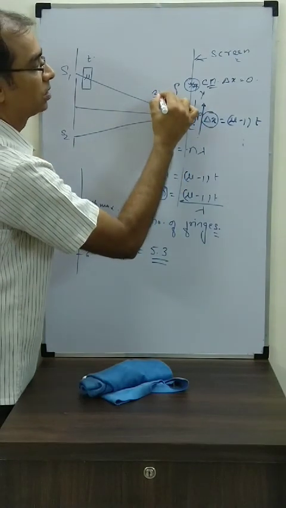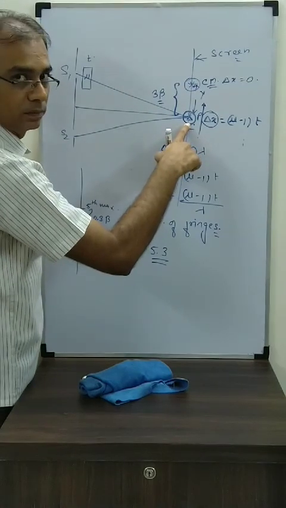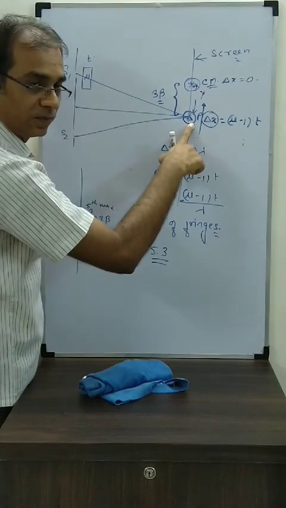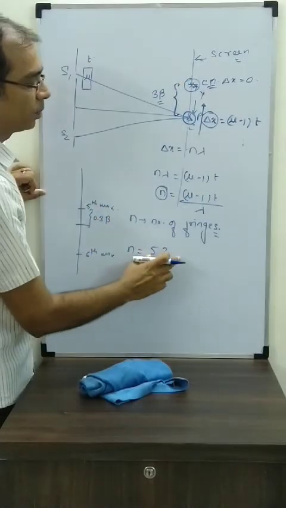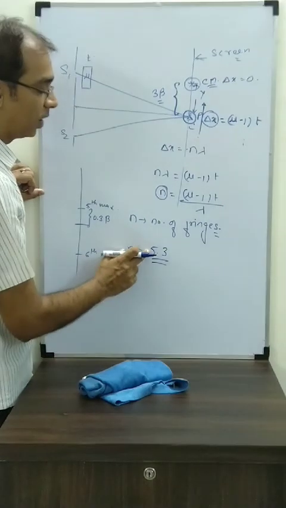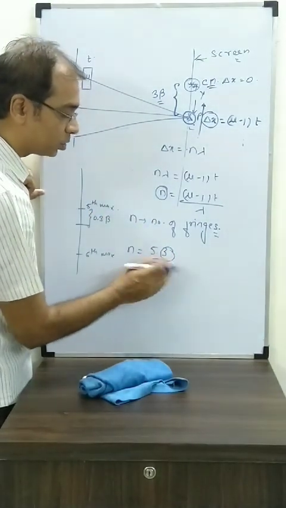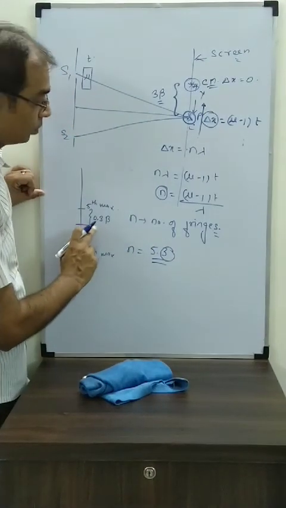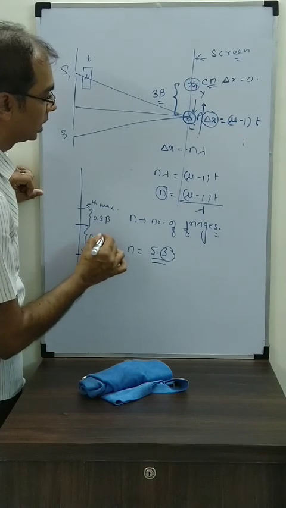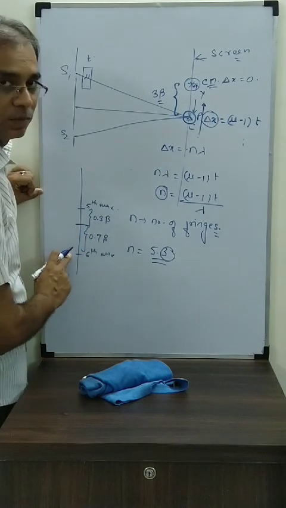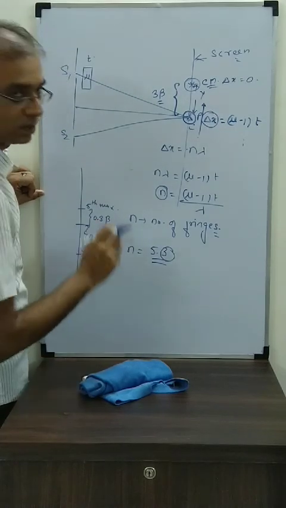If this is the third maxima, here will be 3 lambda as the path difference, and the fringes are 3 beta. Same way here what is coming? 5.3. So 5 maxima have crossed upwards, but there is a 0.3 portion. 0.3 portion of what? 0.3 portion of a fringe, 0.3 of a beta. And below here, what is this? The 0.7 beta. Because between the 5th and 6th maxima, how much is the gap? Beta. So this is 0.3 beta, this is 0.7.